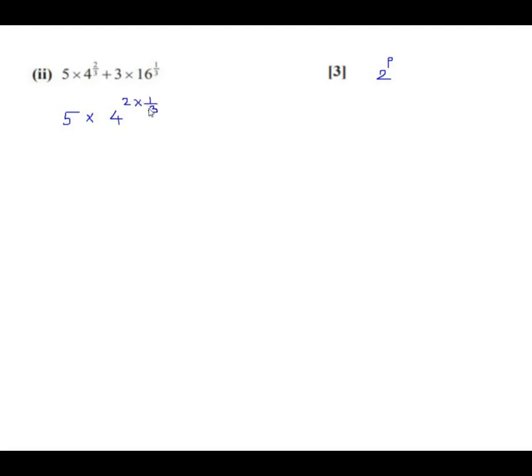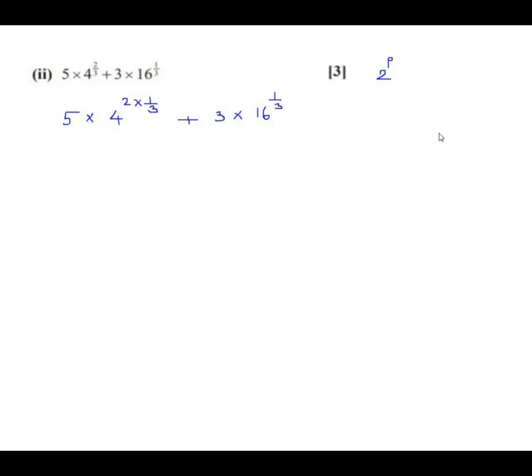Because 2 times 1 over 3 gives you 2 over 3 again. So we can split the power in this way. Plus 3 times, we can keep the second term the way it is.